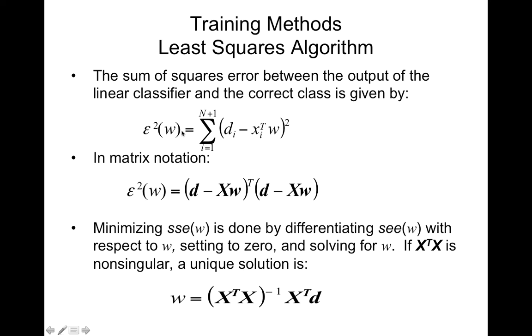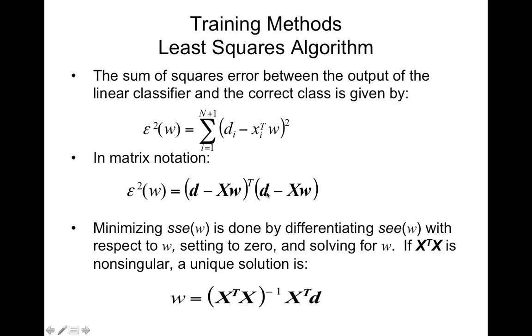And we can write that, by the way, in matrix notation as the following. The reason you want to do this is, if you look, this is this matrix multiplied by its transpose. What that does is that basically gives you this sum.